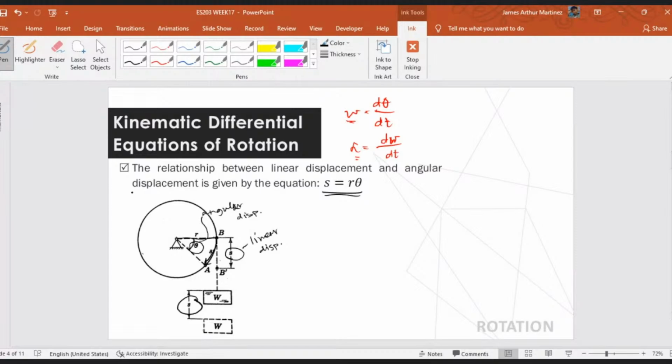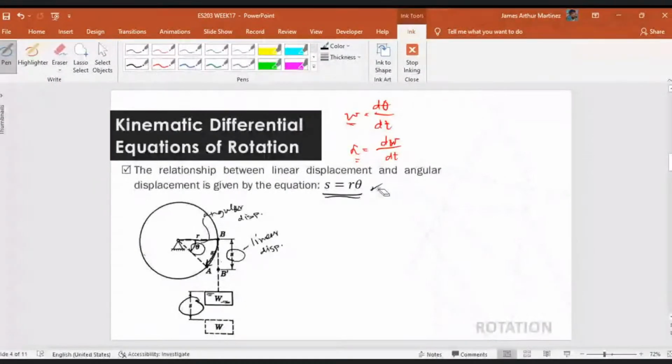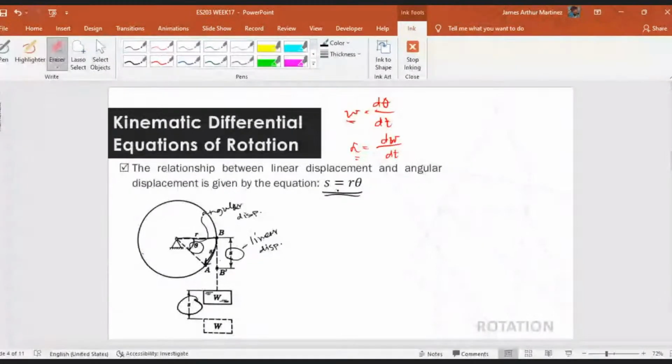And I know na you are familiar with this since na-encounter ninyo siya from trigonometry, no? When we measure the arc length of a circle, we are dealing with this equation way back from trigonometry pa lang. So if we will differentiate this one, class, we have ds over dt.